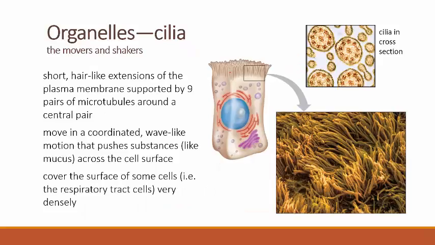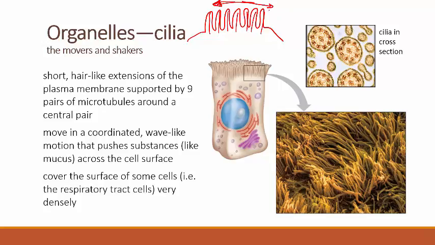Cilia, these are short extensions of the cell membrane. So if this is the membrane of the cell, then it has these short extensions, and inside of each of the extensions is a set of microtubules that give it some structure, and these microtubules will wave. They can wave one way, and then they push material the opposite direction.